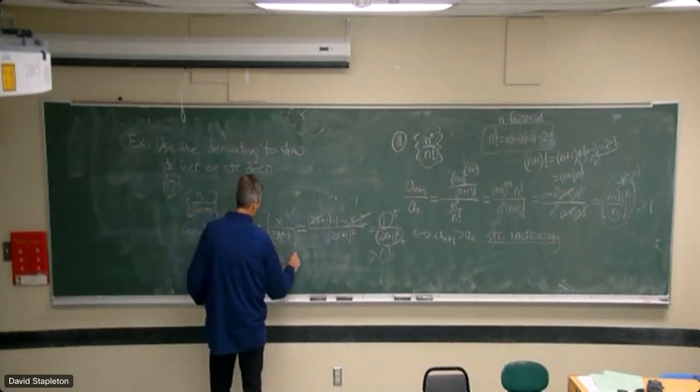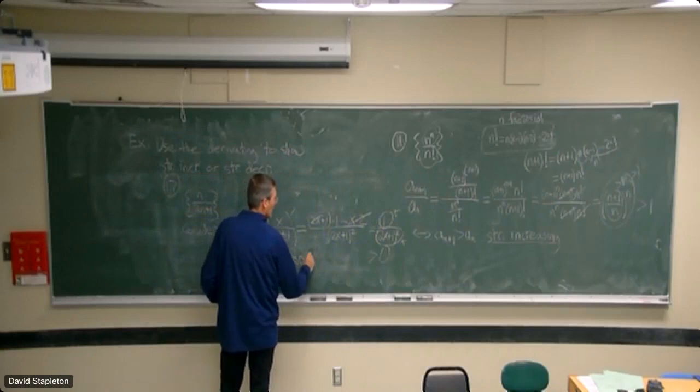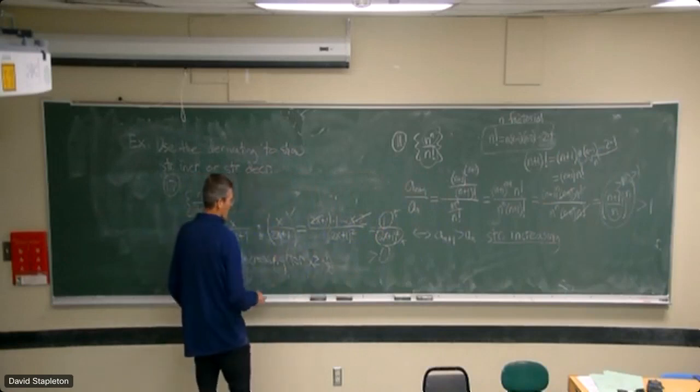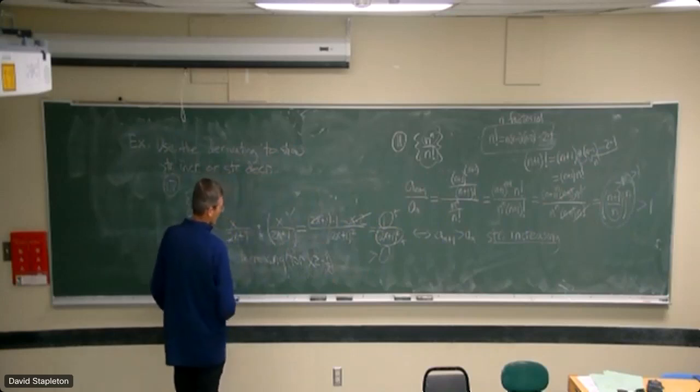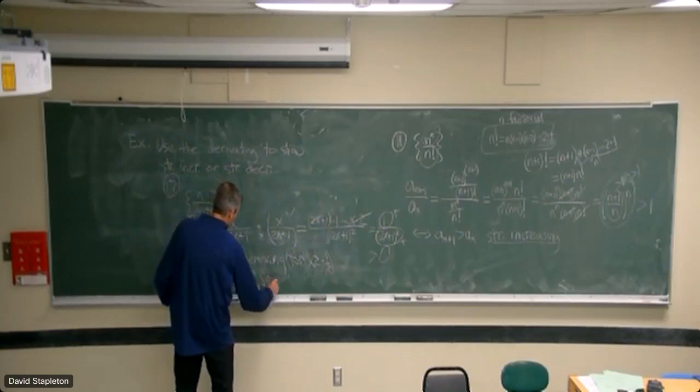Increasing for x greater than -1/2, actually. So it includes all whole numbers, all positive numbers. I'd say whole includes 0. Anyway, therefore the sequence is also strictly increasing.